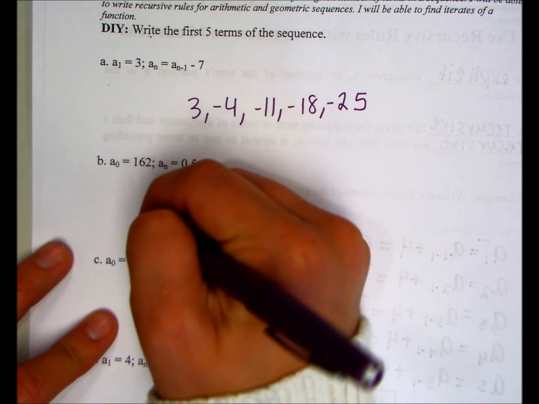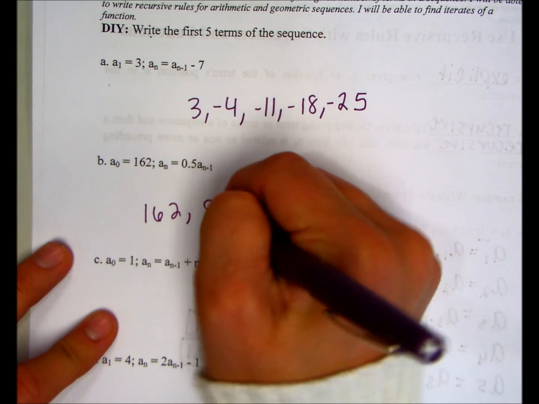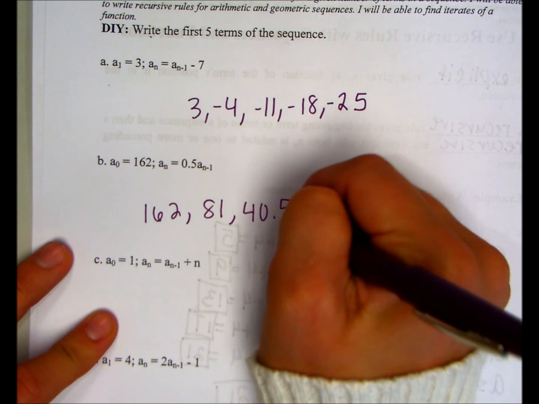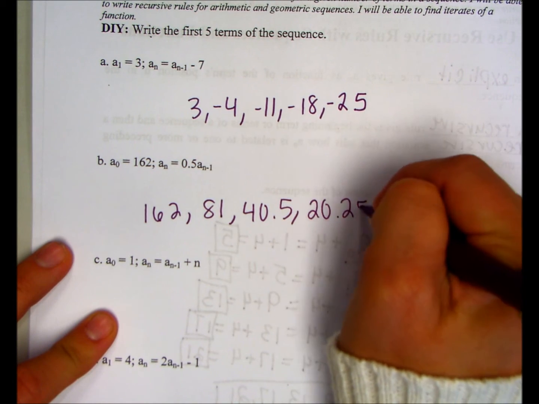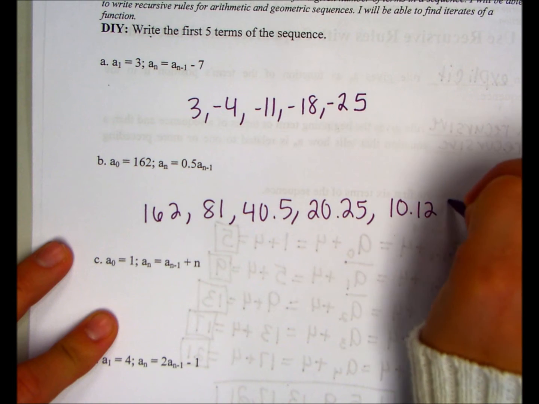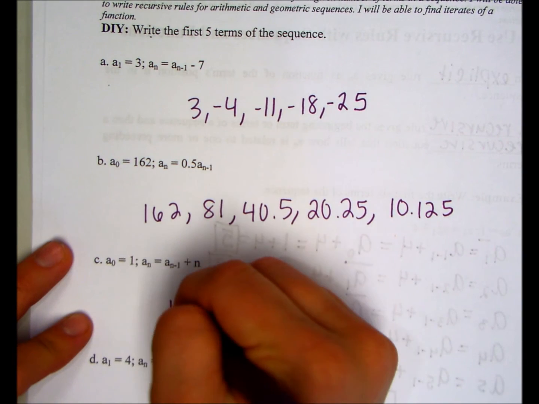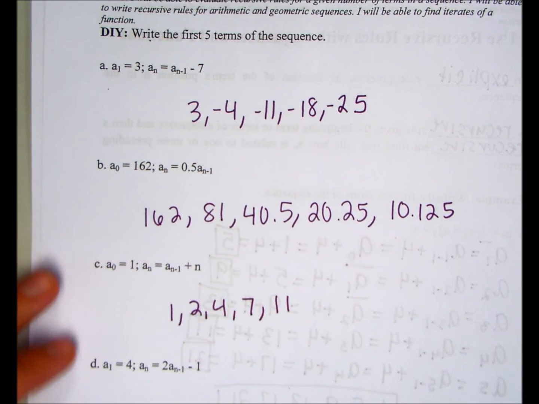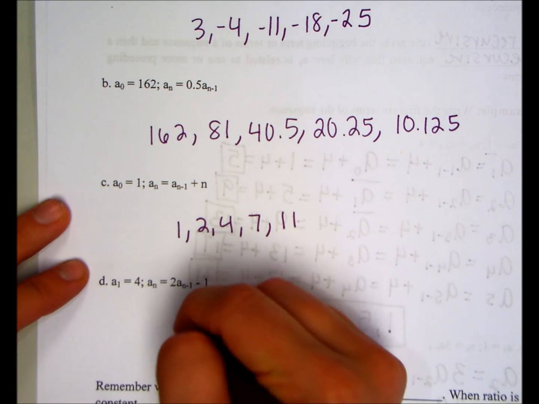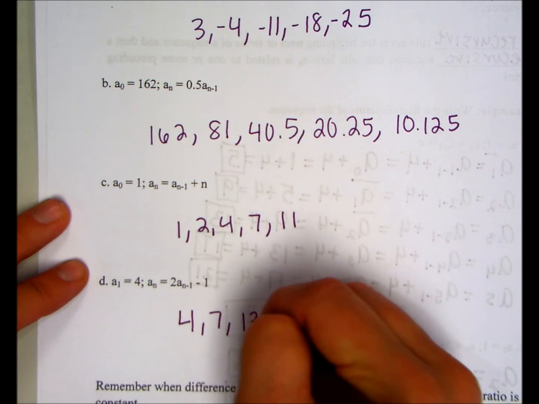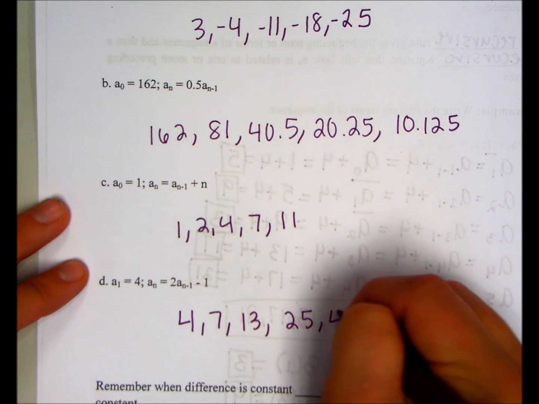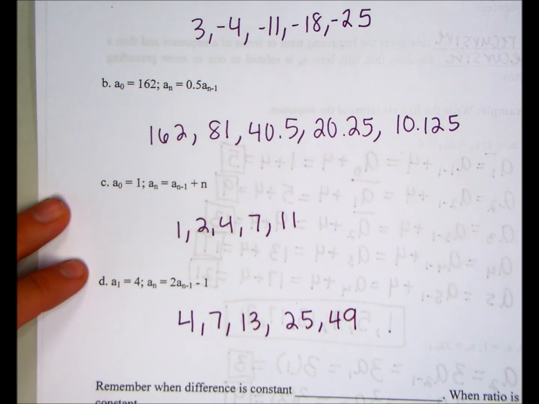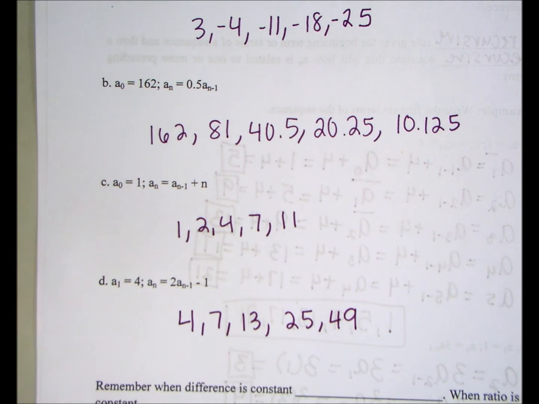There's A, here's B, C, and D. They ask for the first 5 terms here.